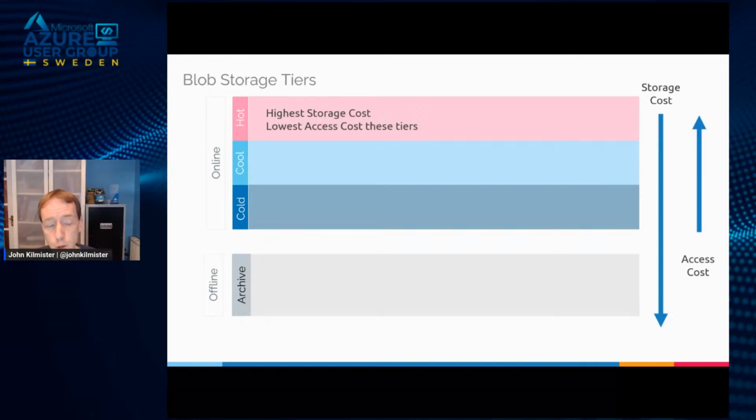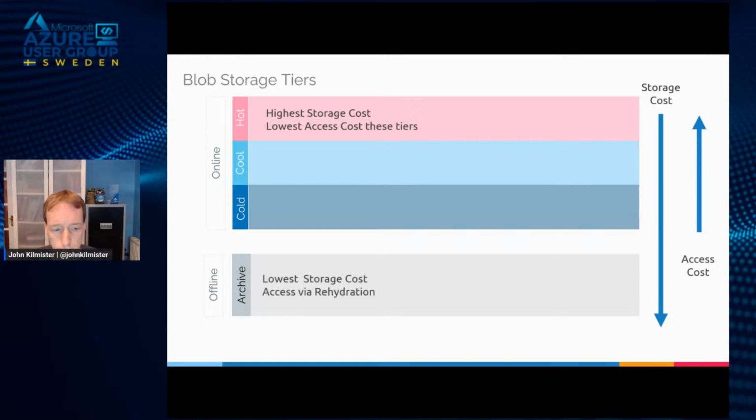As we move down into cool and then cold, you have a slightly higher access cost and a slightly lower storage cost. And that goes all the way down to archive.